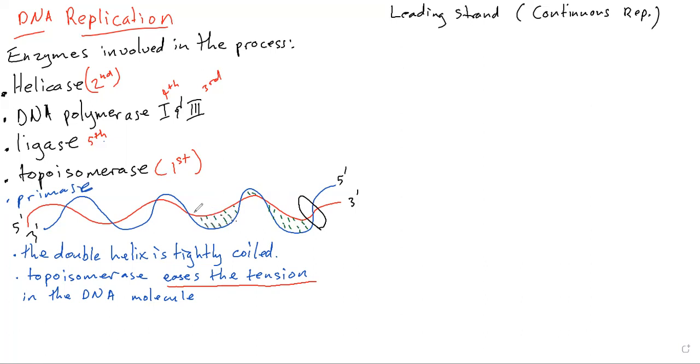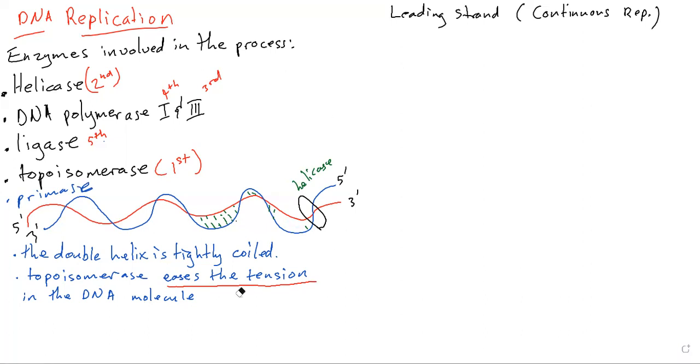So the helicase will move along the DNA and break the hydrogen bonds. If it breaks the hydrogen bonds, then the strands are going to separate.